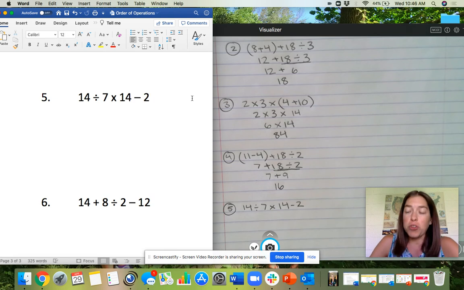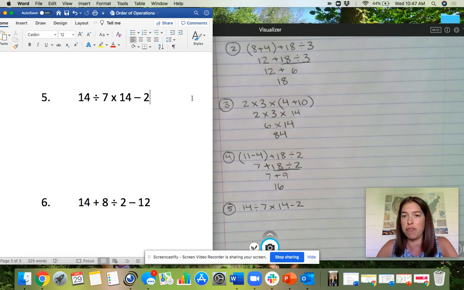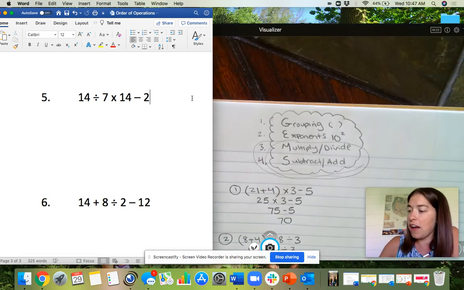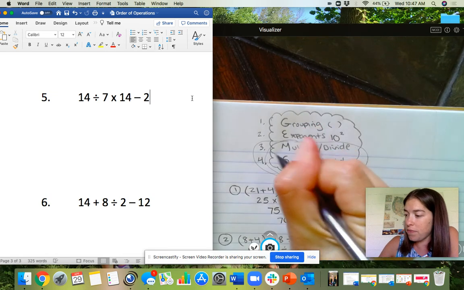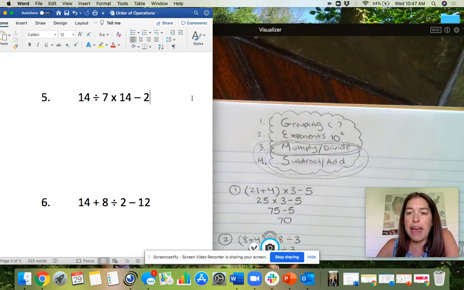All right, well, multiplication and division come on the same step. And here I'm just going to go from left to right. So I have division and then multiplication. Because multiplication and division are on that same level, if we go back and look at our GEMS, they are both part of step 3. So when we think about the order, they happen at the same time.